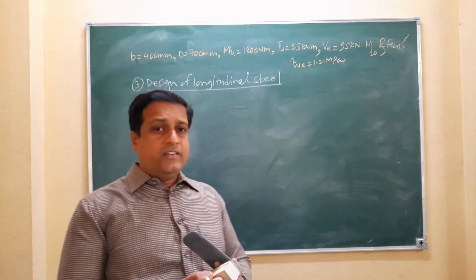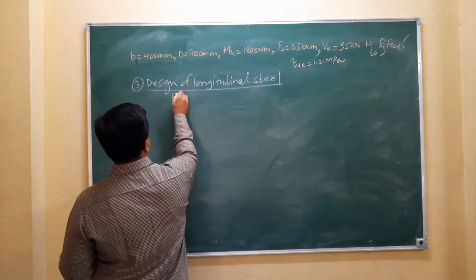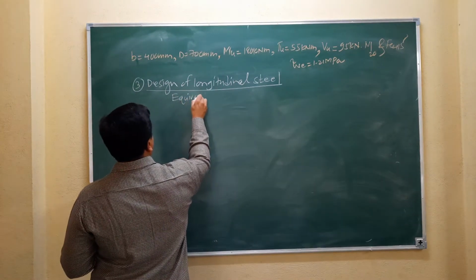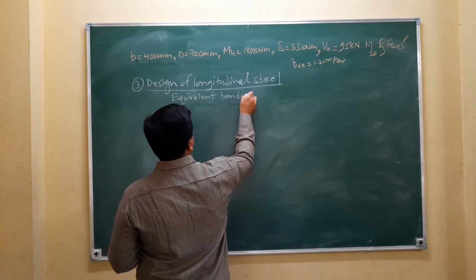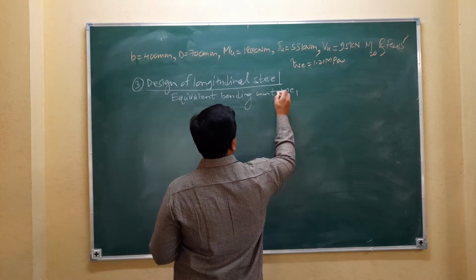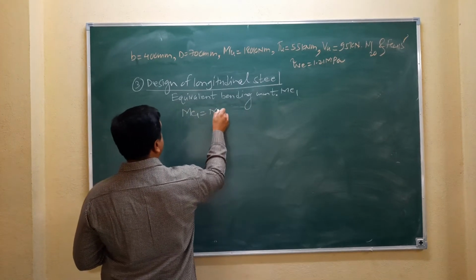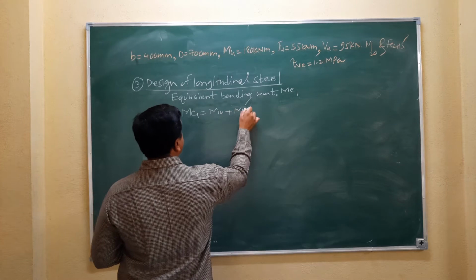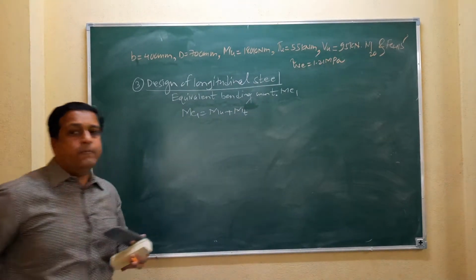Longitudinal steel is designed for the equivalent bending moment Me1. So what is Me1? Me1 is Mu plus Mt, isn't it?